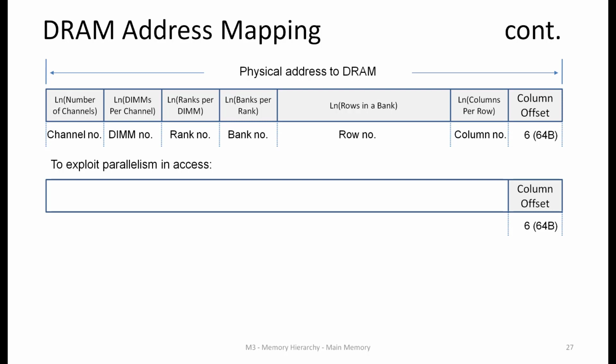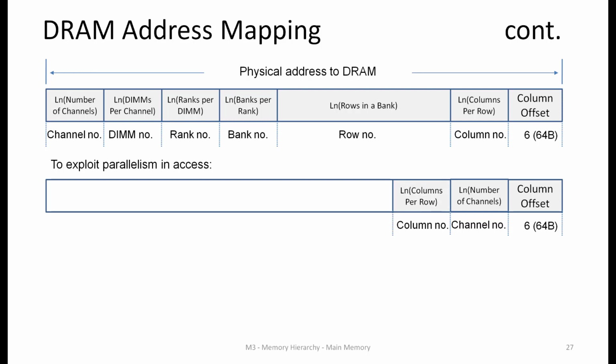The LSB 6 bits can be the column offset, neglected. Following that, we can have the channel number. Why is that? Because two channels can be accessed completely in parallel. It means if I want two 64 byte cache blocks, for example, if we map them to two different channels, we can get them simultaneously.